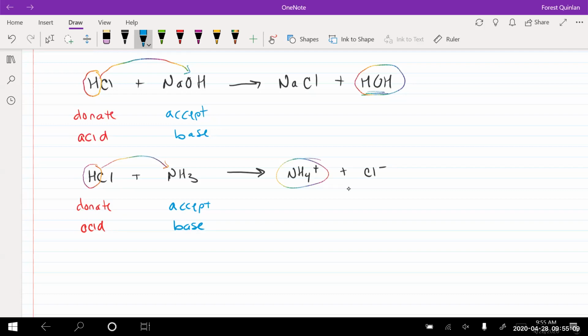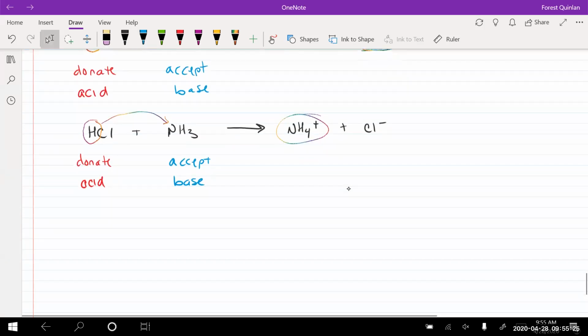And so even though NH3 does not have an OH to it, it is accepting that proton, and by doing so is acting like a base. So while it doesn't have what Arrhenius would say would define it as a base, this covers that aspect of it insofar as it'll accept the H+, which gives it the basic properties.